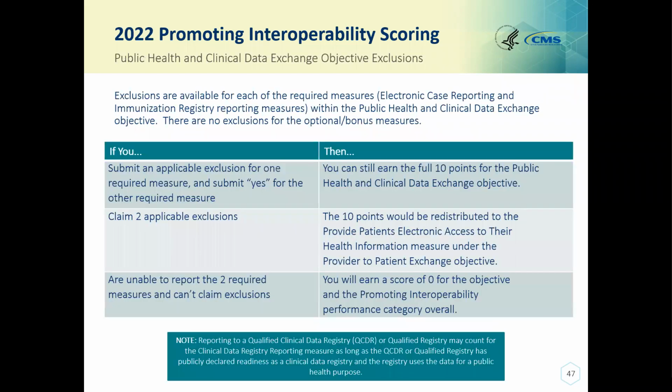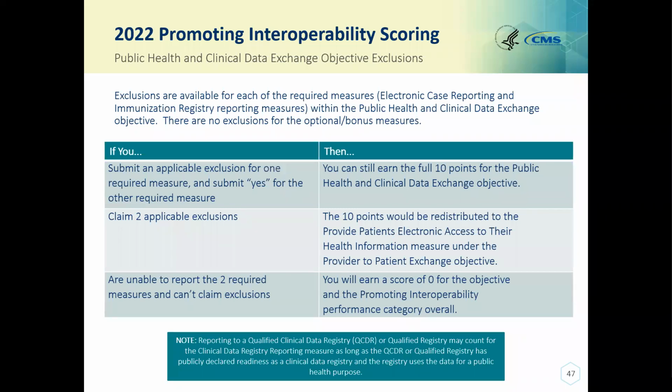Next slide, please. Okay, so for electronic case reporting and immunization reporting, they're both required. So if you submit for both of them, yes, you earn 10 points. If you submit an exclusion for one of them and yes for the other one, you would still earn 10 points.